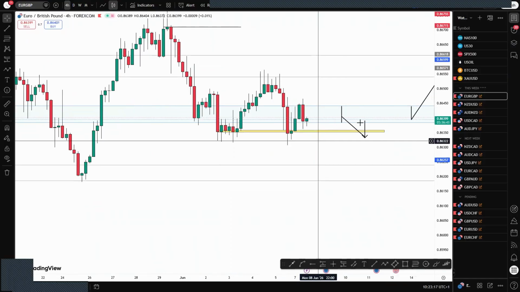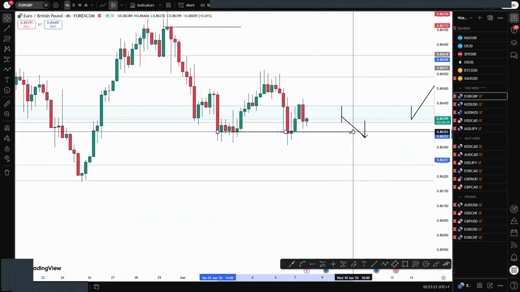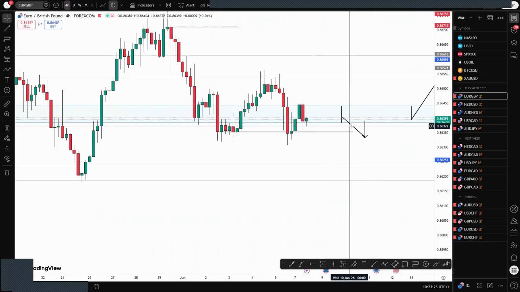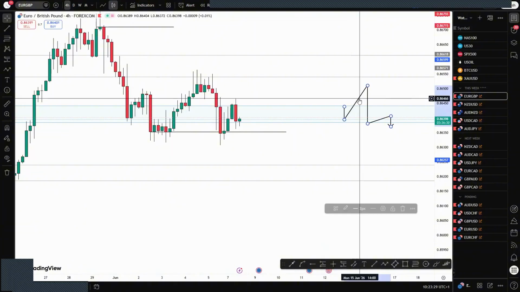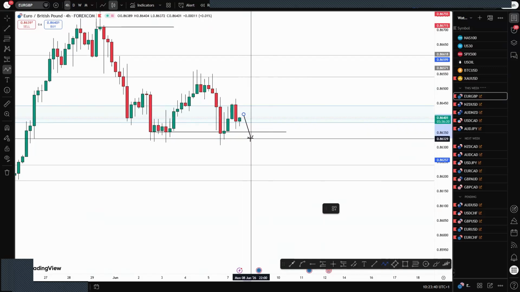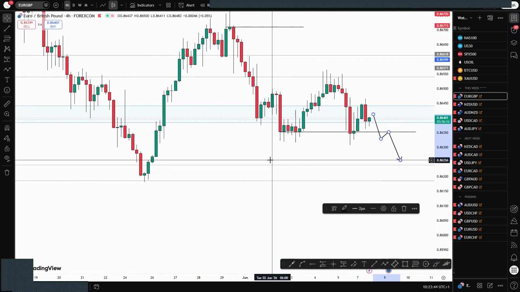Because remember, if we wanted to sell, we still have to wait for price to break below this level. Okay? What does this mean? This means that price has to break and then retest, then we can sell. Okay?